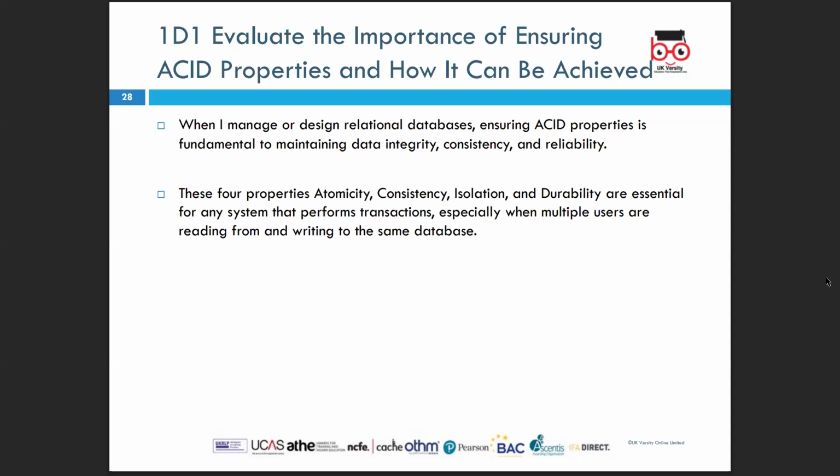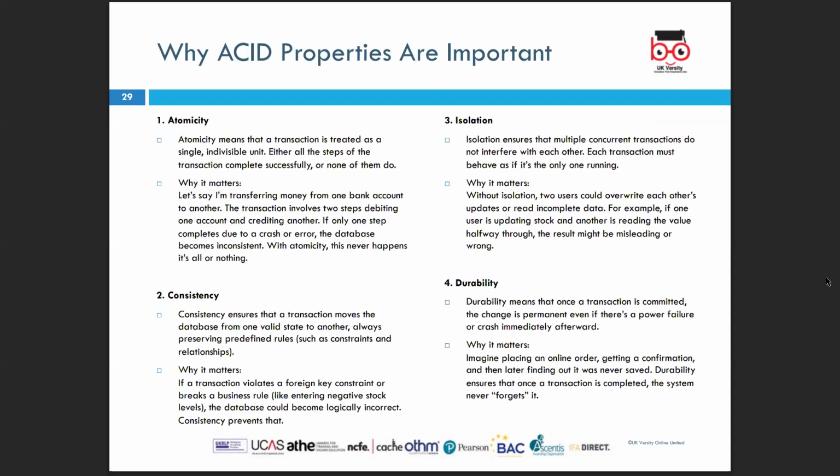These four properties, which are atomicity, consistency, isolation, and durability, are essential for any system that performs transactions, especially when multiple users are reading from and writing to the same database.